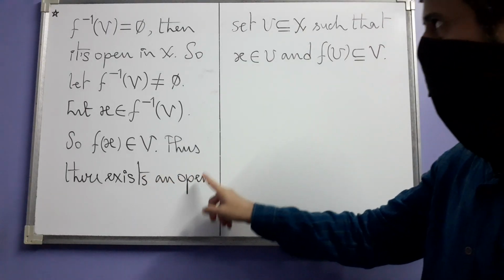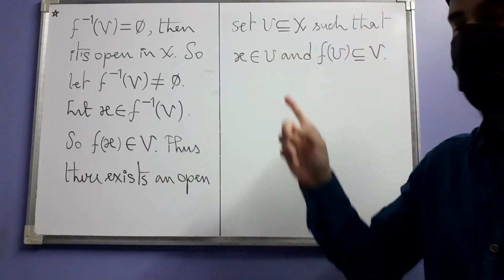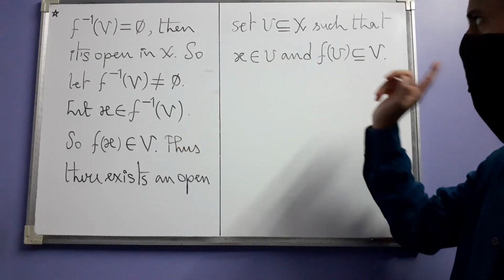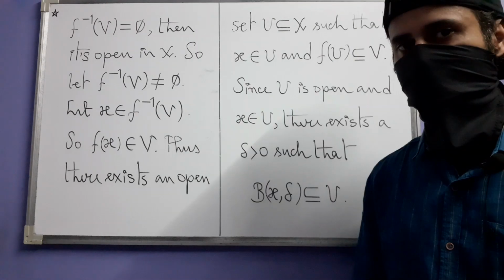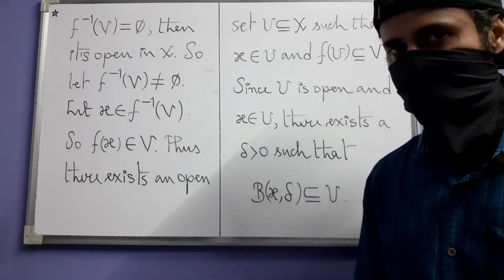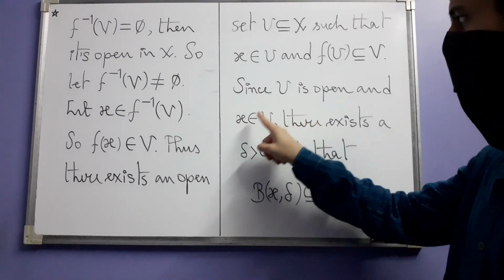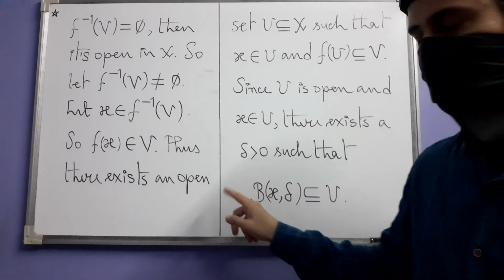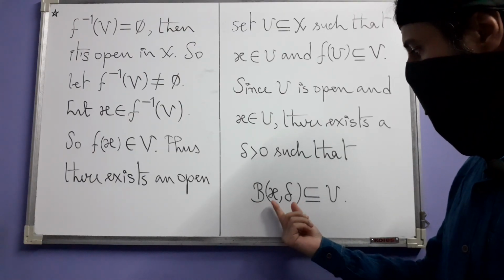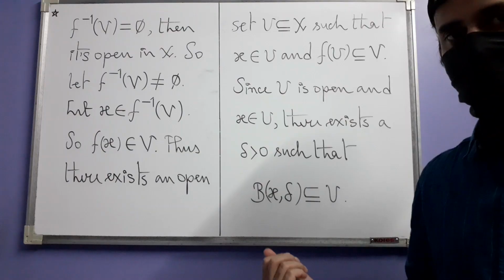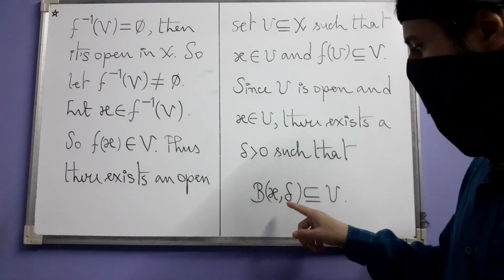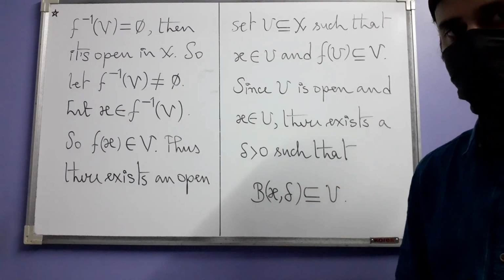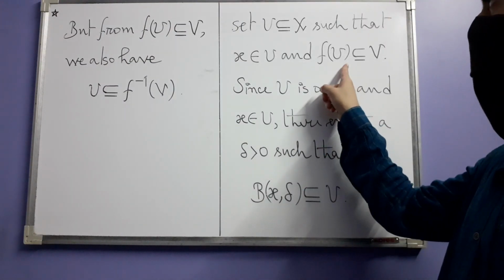Thus there exists an open set U in X which contains the point x, and such that f of U is contained in V. And then we use the openness of U. U is an open set and x belongs to U, so there exists a positive real number delta such that the ball centered at x having radius delta is contained in U. Needless to say, this ball is an open ball in the space X. And now next you use this one.